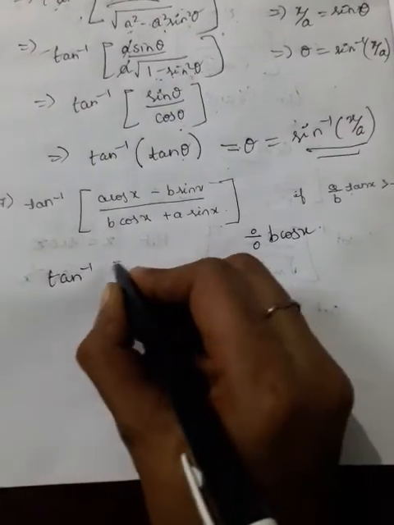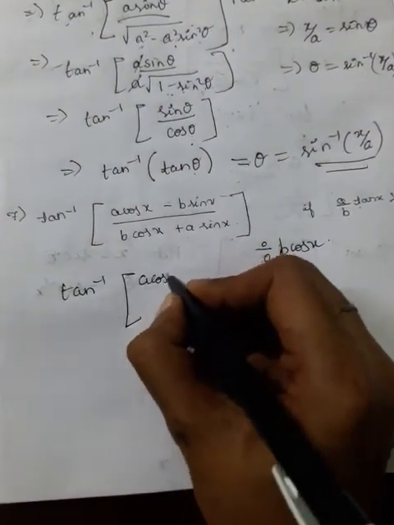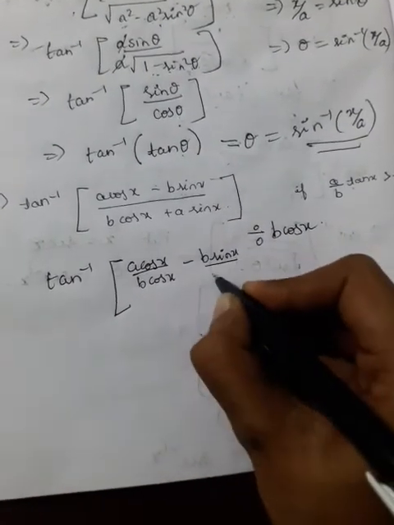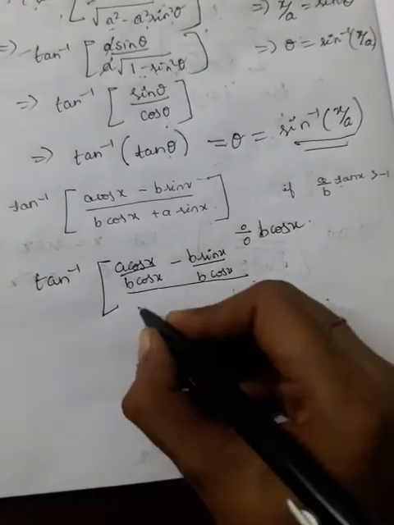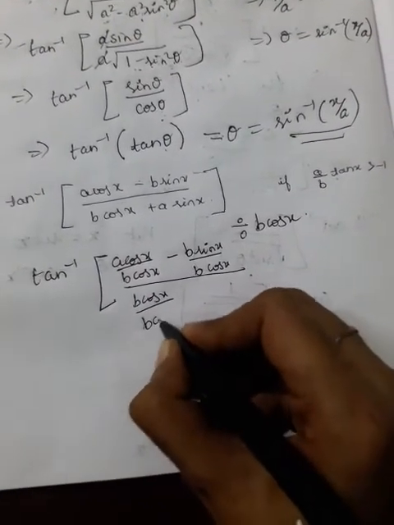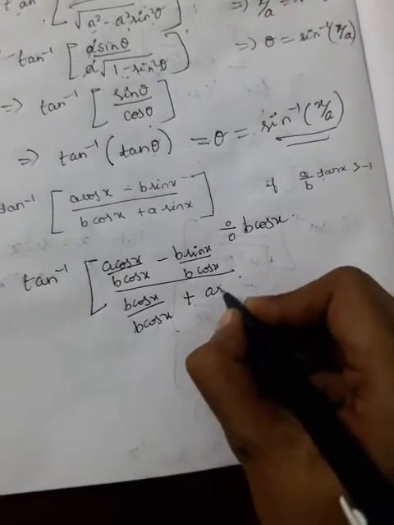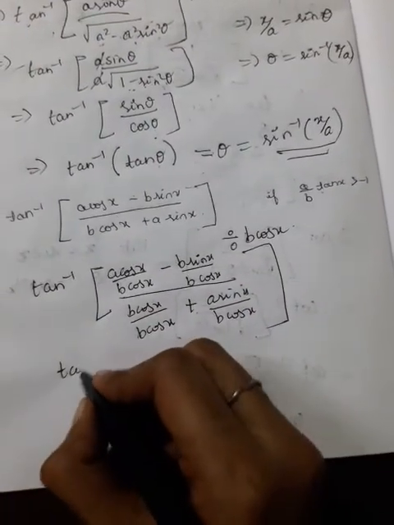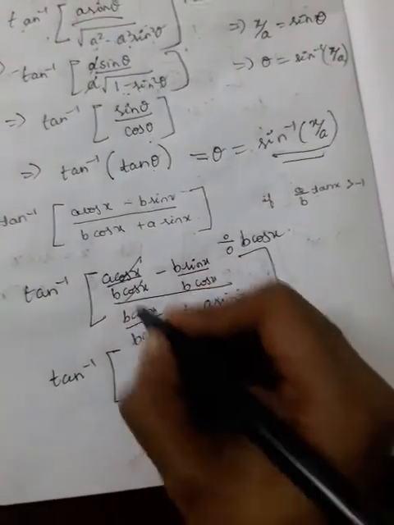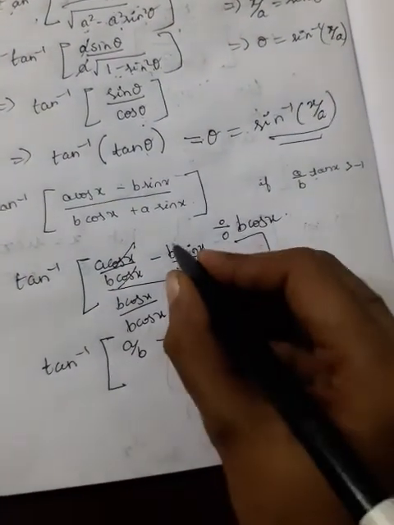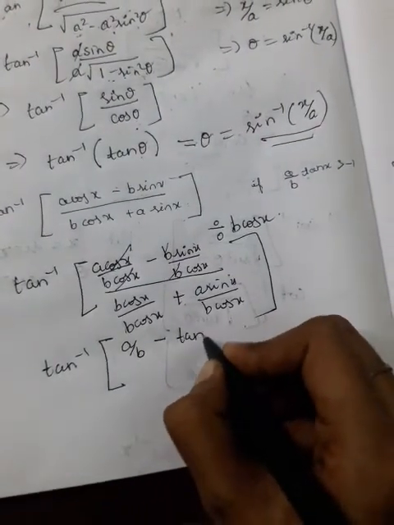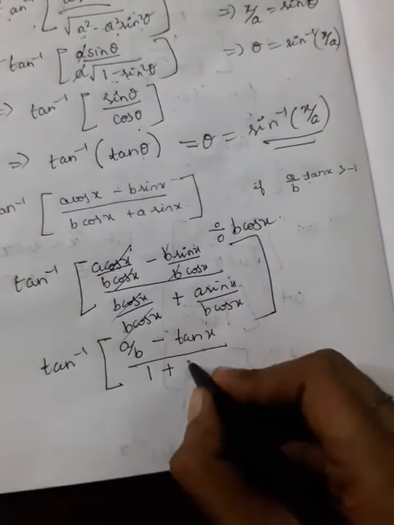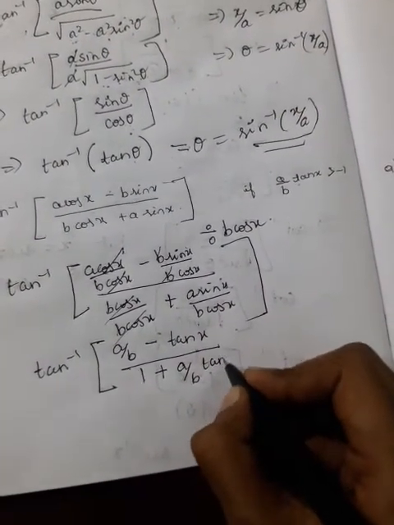Tan inverse of a cos x divided by b cos x minus b sin x divided by b cos x, whole divided by b cos x divided by b cos x plus a sin x divided by b cos x. This implies tan inverse of, cos x gets cancelled, a by b minus, b gets cancelled, sin by cos is tan, whole divided by 1 plus a by b sin by cos, which is tan x.